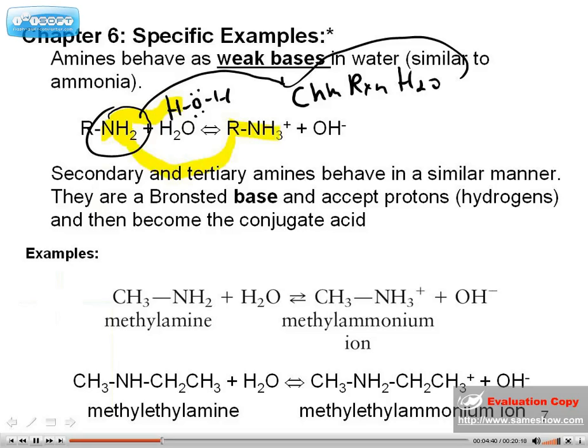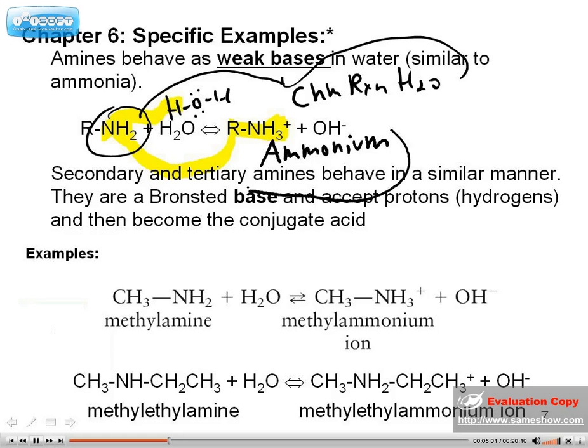Consequently, it would form a positively charged ion, and the special name for this positively charged ion is called an ammonium.